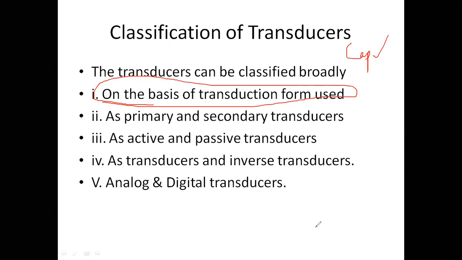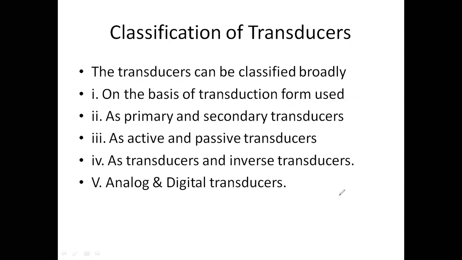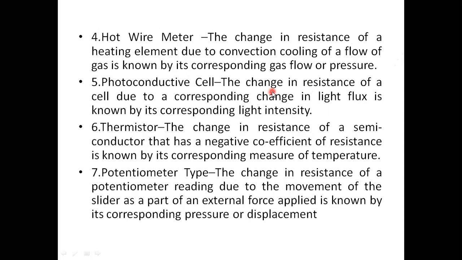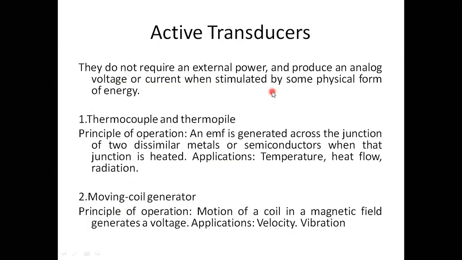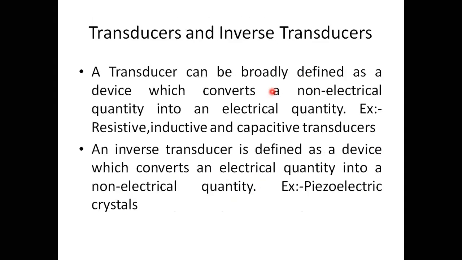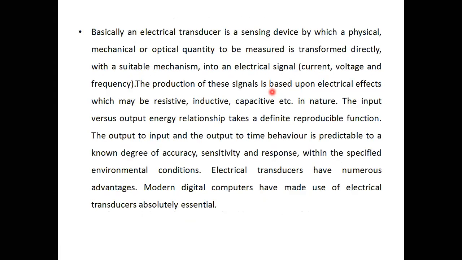So let us move on to capacitive transduction now. This first classification we will study a lot in this unit. So as I said, a capacitive transducer is an instrument which gives output due to changes in its capacitance.